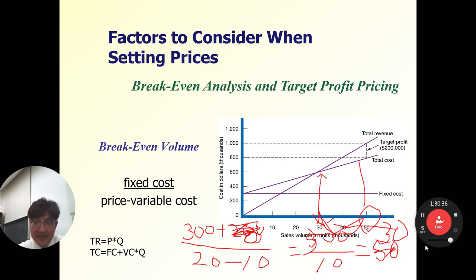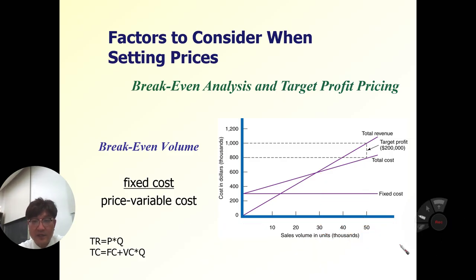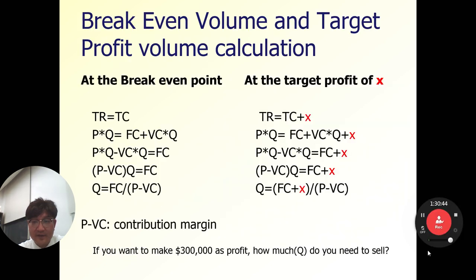All right. By the way, here's another point. There's a second quiz I'm going to give. Again, this is the second quiz. You have to answer this one. The question is, if you want to make $300 as a profit, not $200 as profit, how many units do you need to sell?